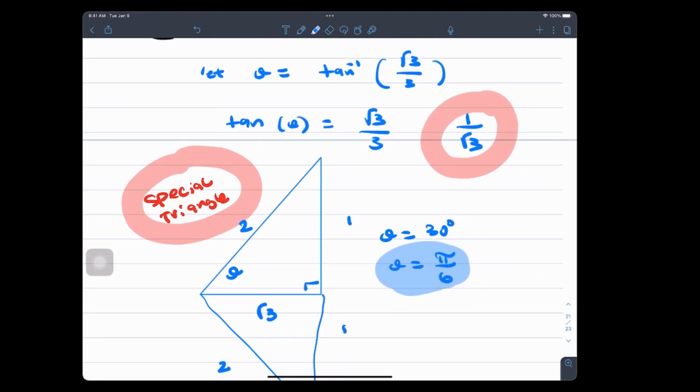Pi over 6. There you go. Easy peasy lemon squeezy.